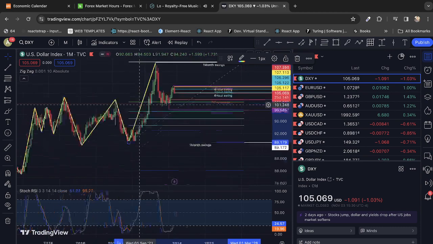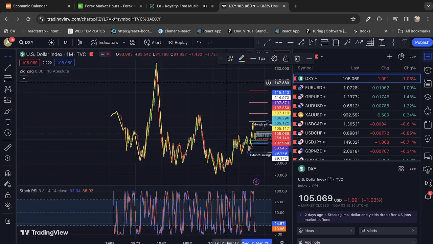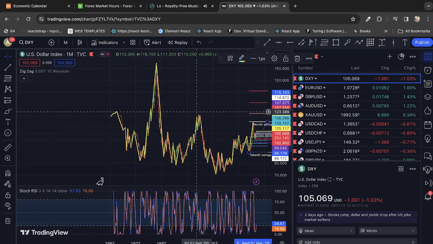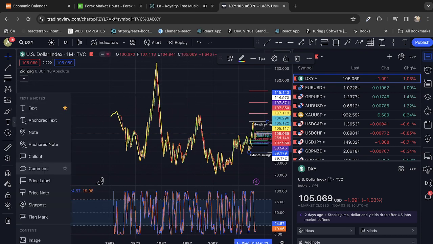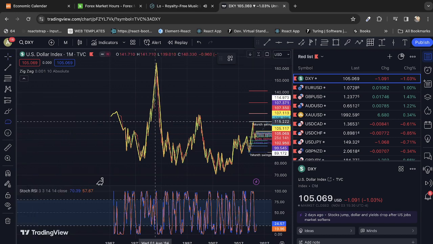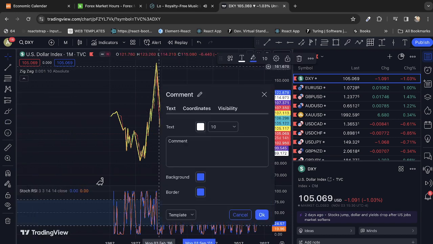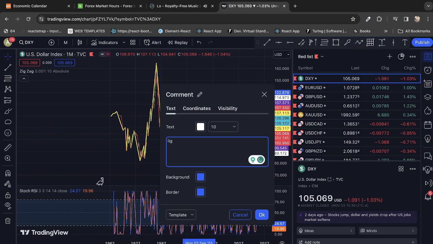But we still have further room on the upside. At least I can see the liquidities lying at this level here.